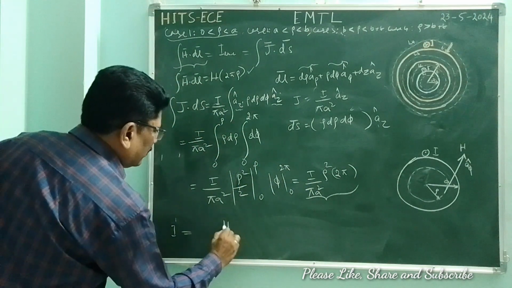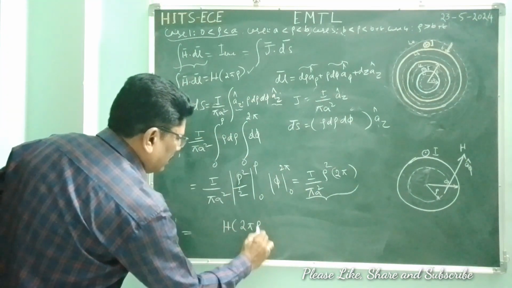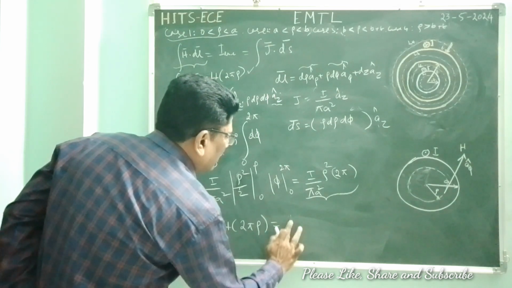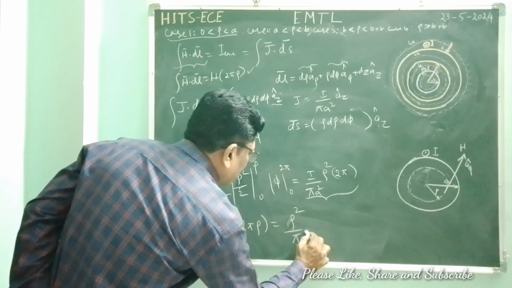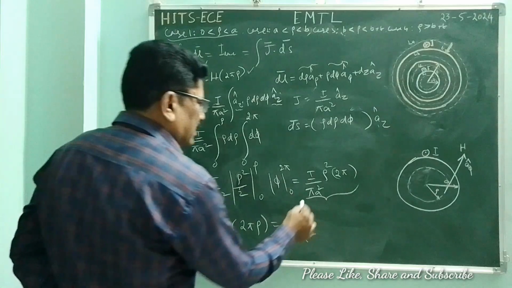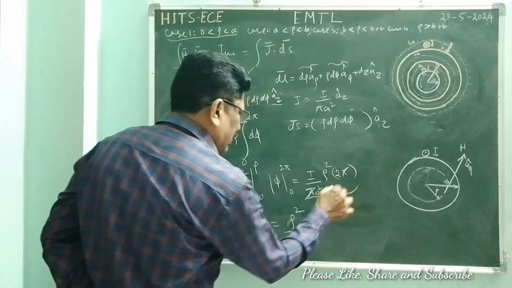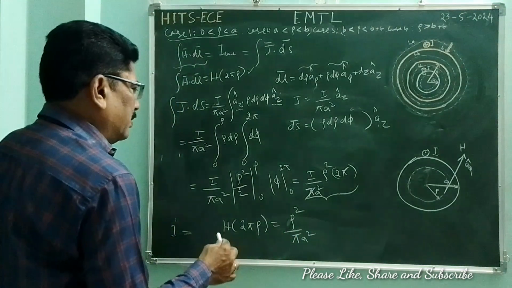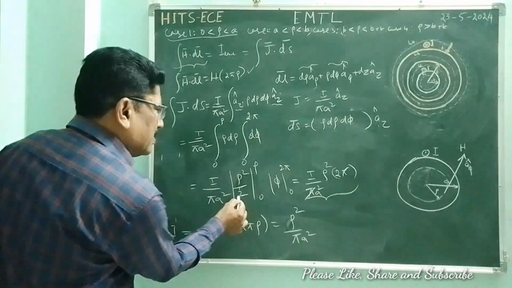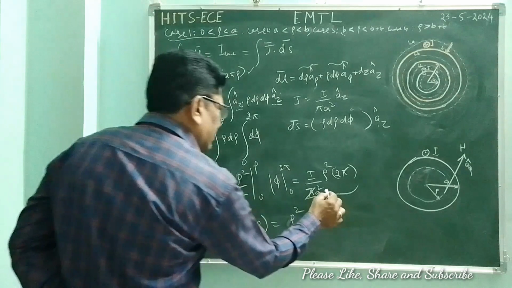So H into 2 pi rho is equal to rho square by pi a square. So this pi will get cancelled, and 2 also will get cancelled.